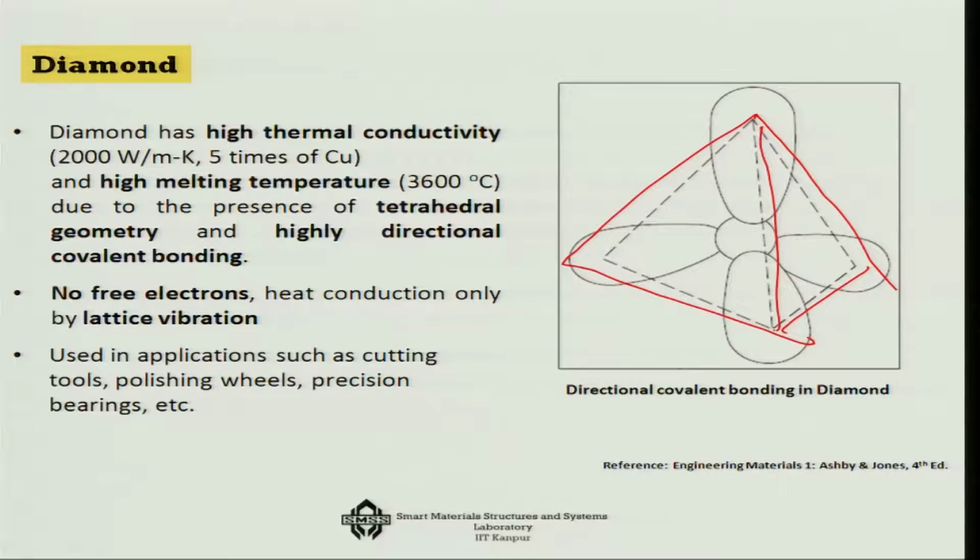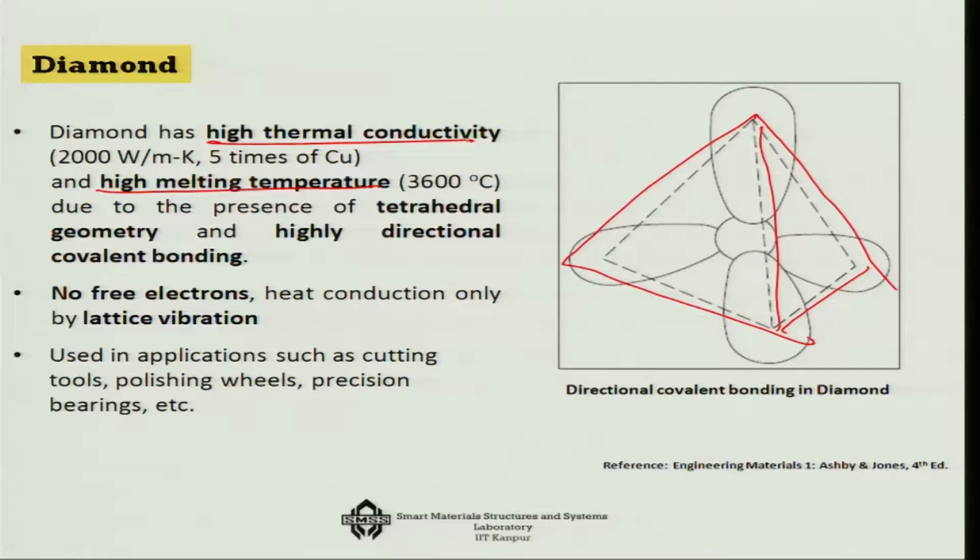Of course, it is highly directional, which means it is strong in a particular direction, but the bond energy is very high, and hence diamond has the highest melting temperature, the highest thermal conductivity, and also one of the highest hardnesses.